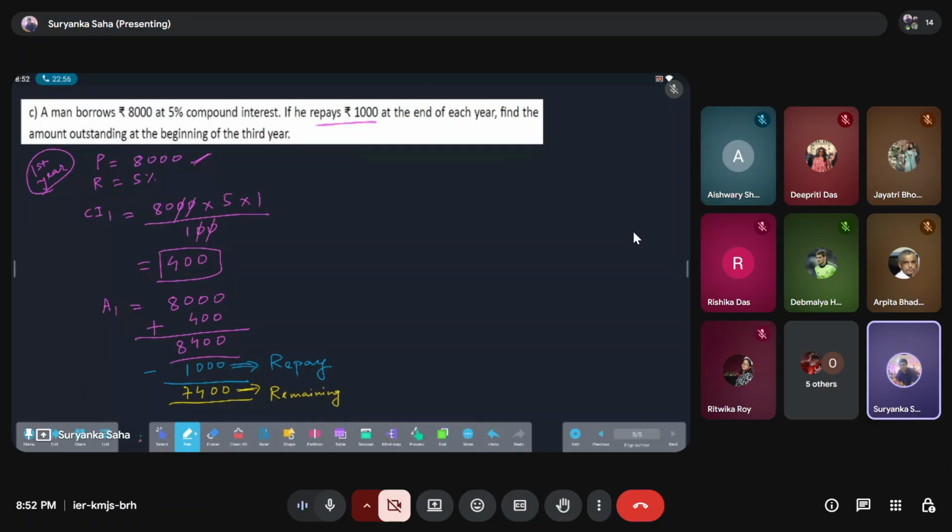This remaining A1 will become the principal for the second year.